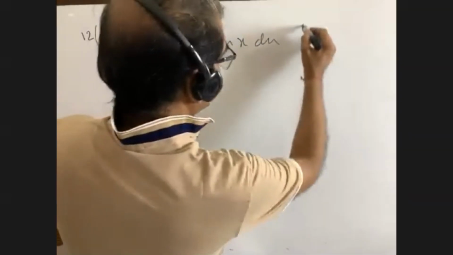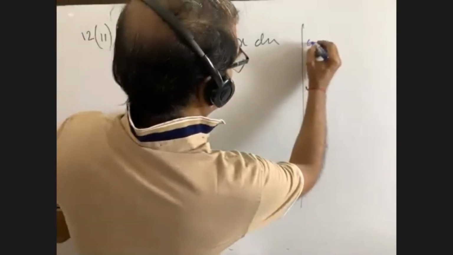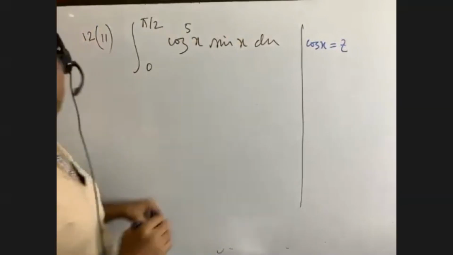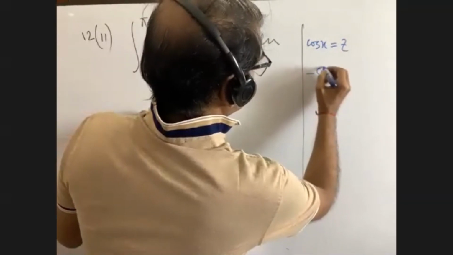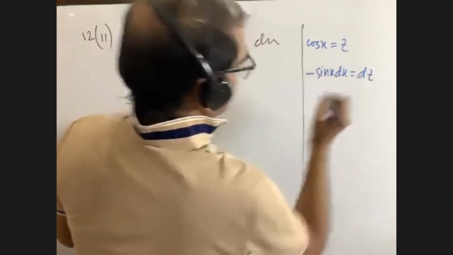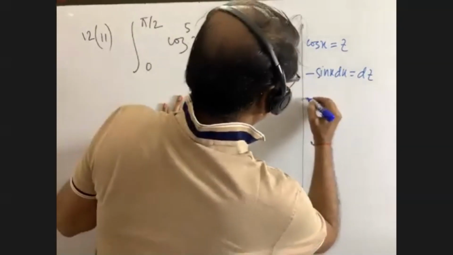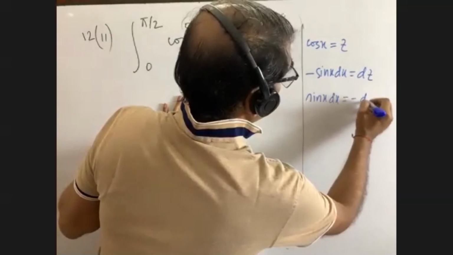Very good. Write down, let cosine x equals to z. So we are getting minus sin x dx is equal to dz. That means sin x dx is equal to minus dz.